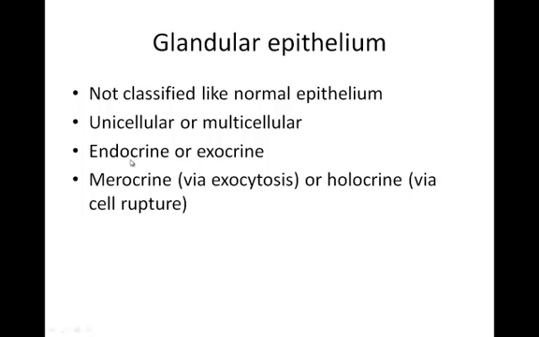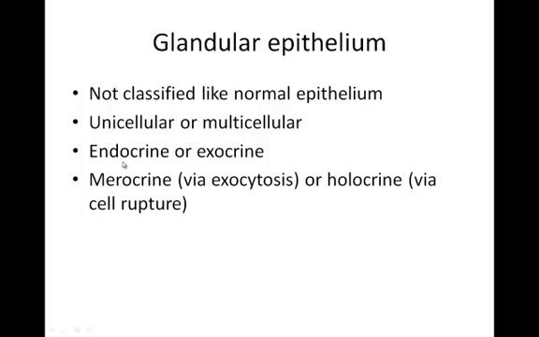Glandular epithelium is part of the endocrine system. And basically it's this. If you're an endocrine gland, you do not have a duct and you secrete hormones. If you're an exocrine gland, you have a duct and you secrete non-hormone products. And examples of exocrine glands would be salivary glands, mammary glands, lacrimal glands.